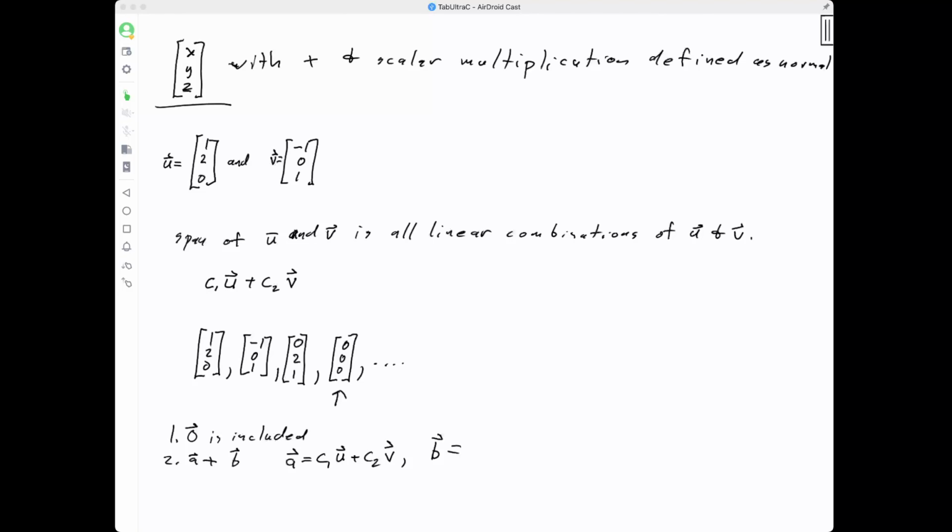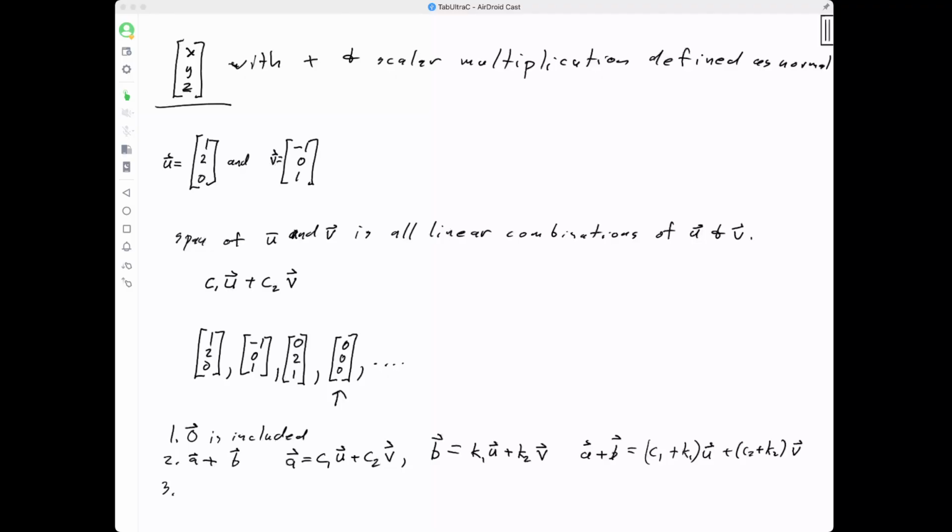So let's say K1 times U plus K2 times V. And A plus B then would be equal to C1 plus K1 times U plus C2 plus K2 times V. But C1 plus K1 is a constant, it's a number, and C2 plus K2 is a number, so A plus B is in my vector space.